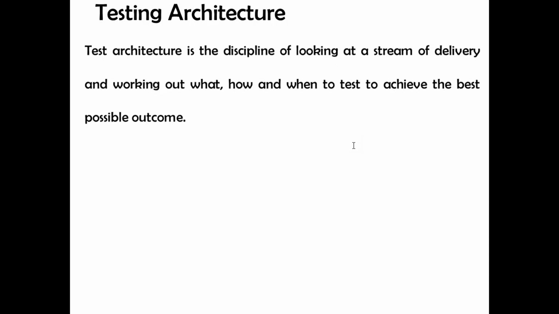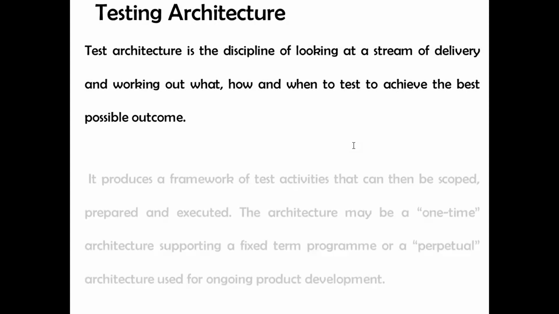Next we have testing architecture. Only one small description about the testing architecture I have given. Test architecture is nothing but the discipline of looking at a stream of delivery and working out what, how and when to test to achieve the best possible outcome.